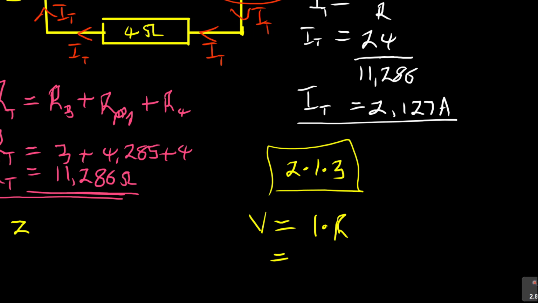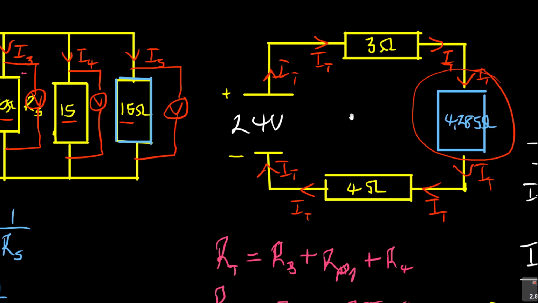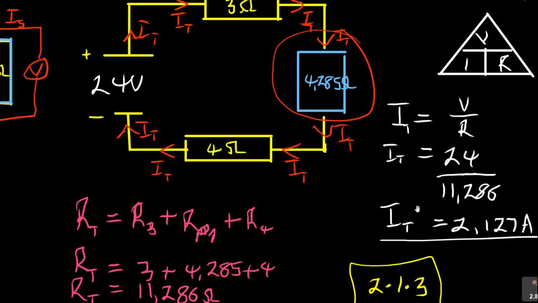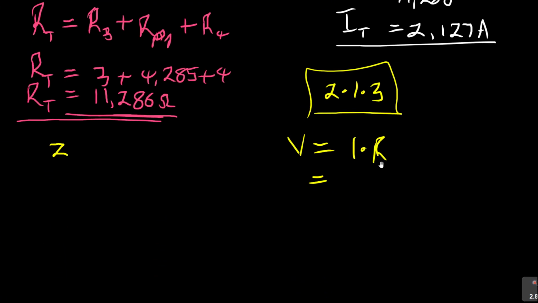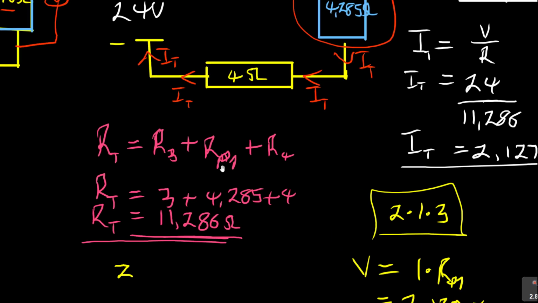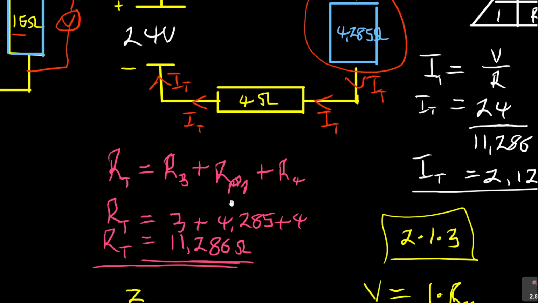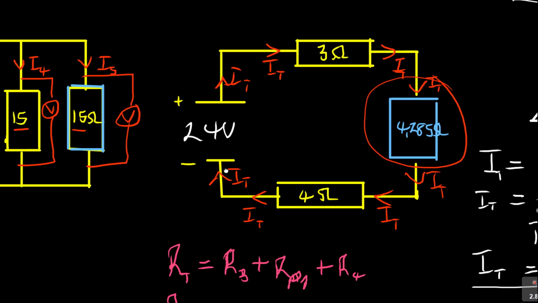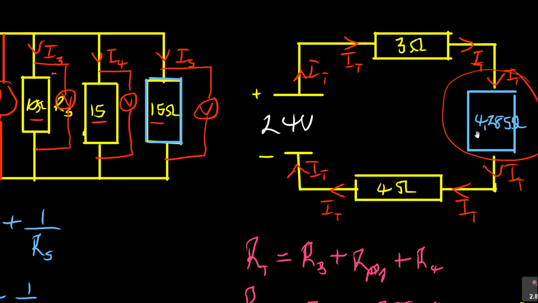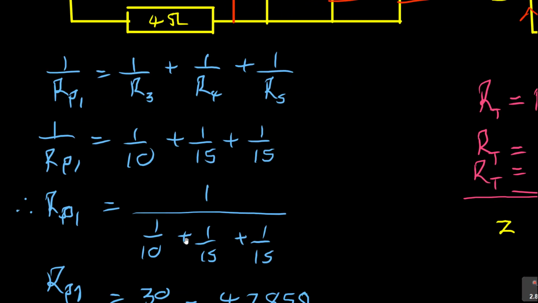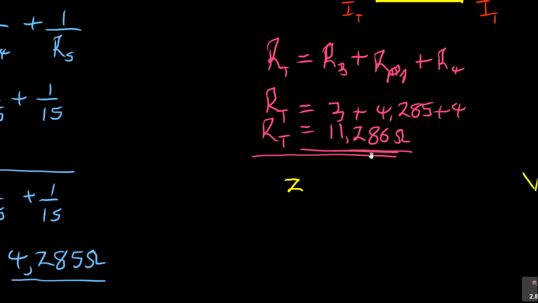Now, you ask yourself, what current was passing through? Because we're using this, it was IT, which is the current we just got here, 2,127. So it's 2,127 times the resistance of the parallel one. It was RP1. We got this RP1, where we add to get 10, 15, 15, it gave us 4,285.